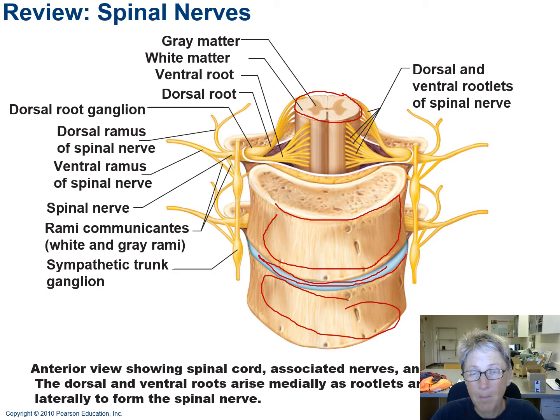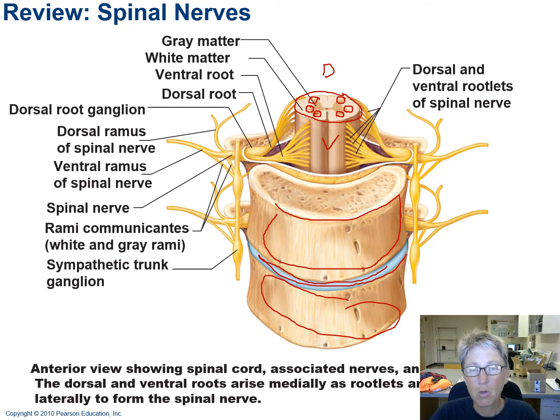Because this is ventral and this is dorsal, then these two horns, one here and one here, would be the ventral horns of the gray matter in the spinal cord. And then back here, these two would be the dorsal horns. And then here are the lateral horns of the gray matter in the spinal cord.